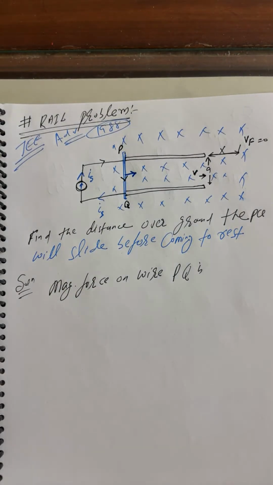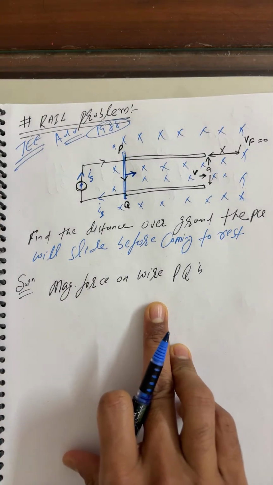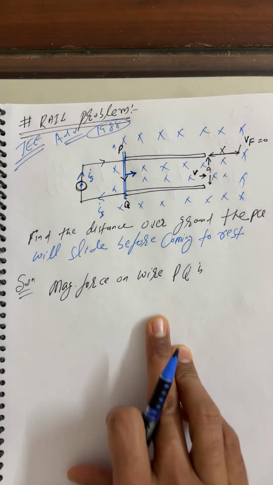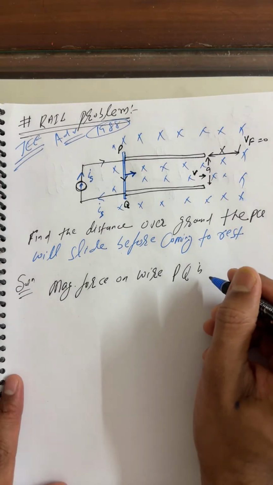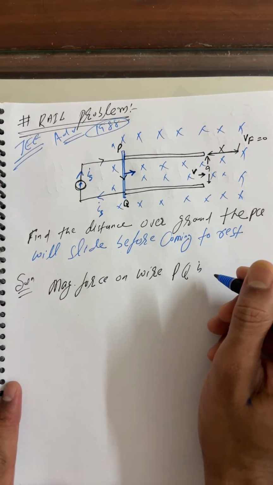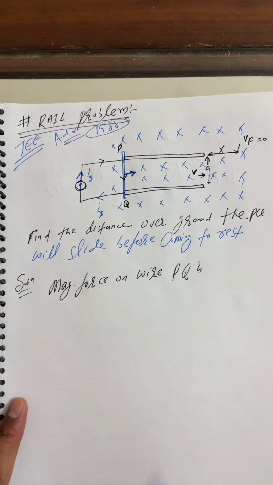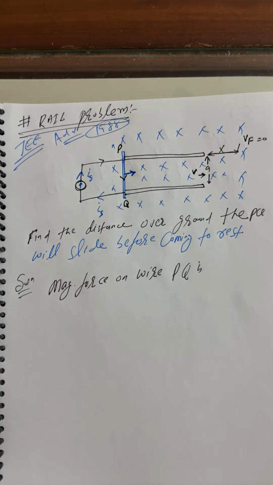Now I'm going to write the expression of magnetic force on wire PQ. I hope all of you remember, F equals qvB and F equals ILB.